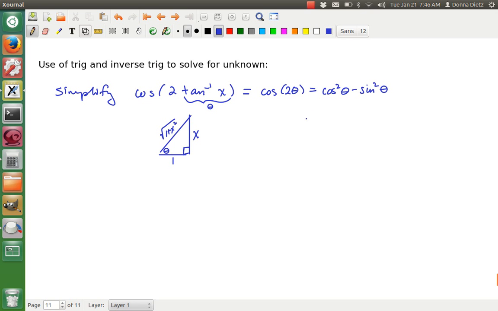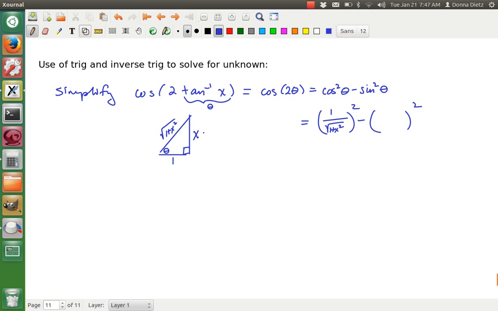So cosine squared of theta minus sine squared of theta, and so the cosine is x over r, and I don't want to use those letters, so now you might want SOHCAHTOA.